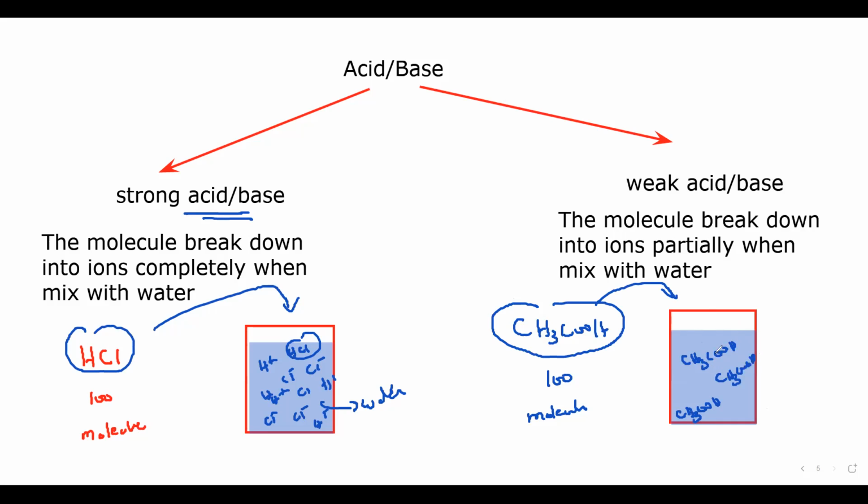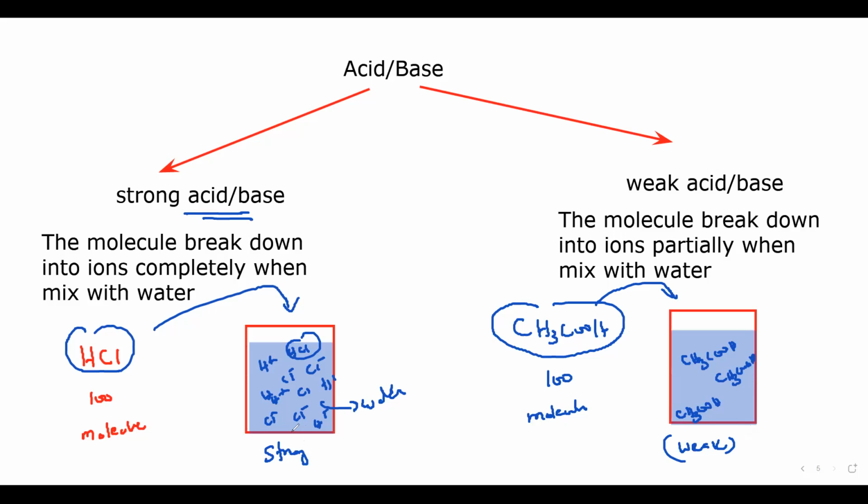So if most of them remain as molecules when we mix with water, we call that weak. If it was an acid, we say weak acid. If it happened for a base, we call that a weak base. So if it dissociates into ions, we call that a strong acid, and strong acids have more ions.